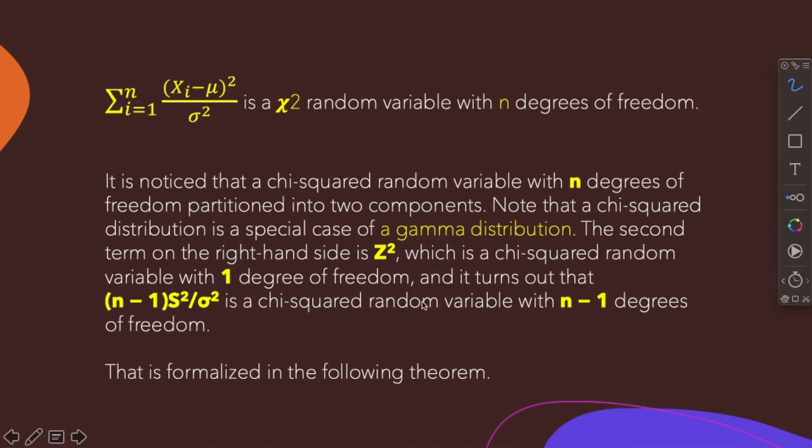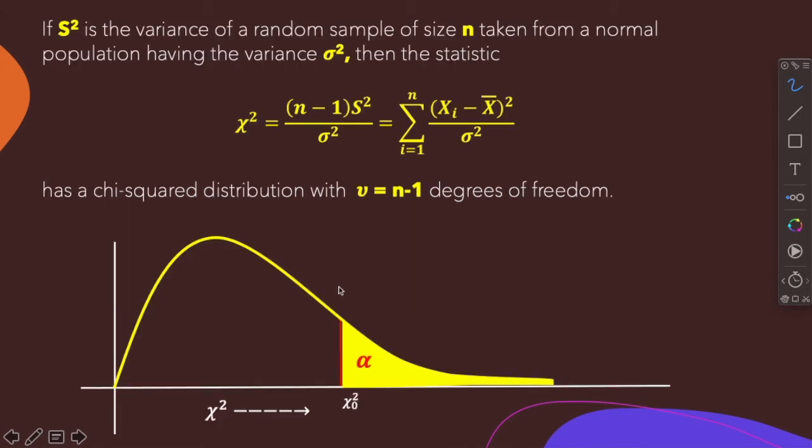To formalize this, we get a distribution over here. A relationship of a transformed variable chi square, which is a function of s square, and we are using this as a new random variable.